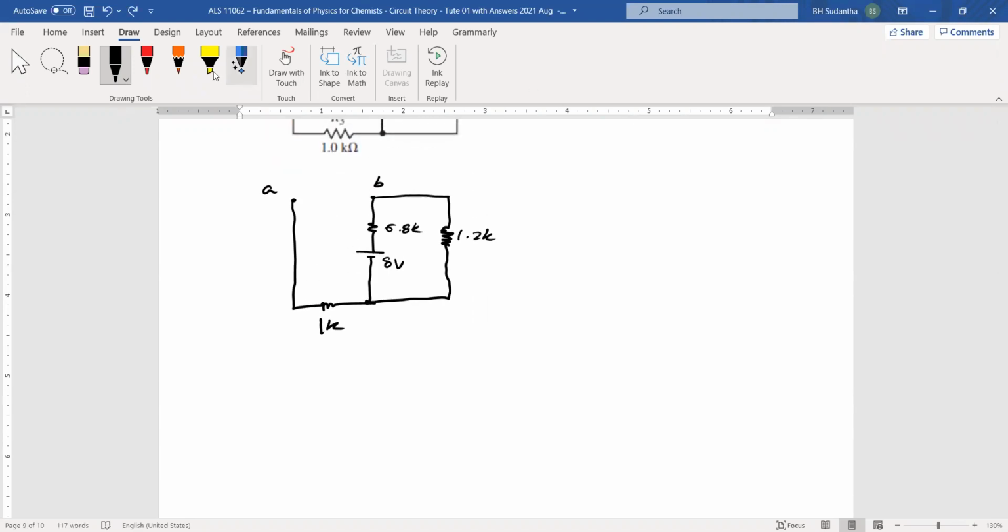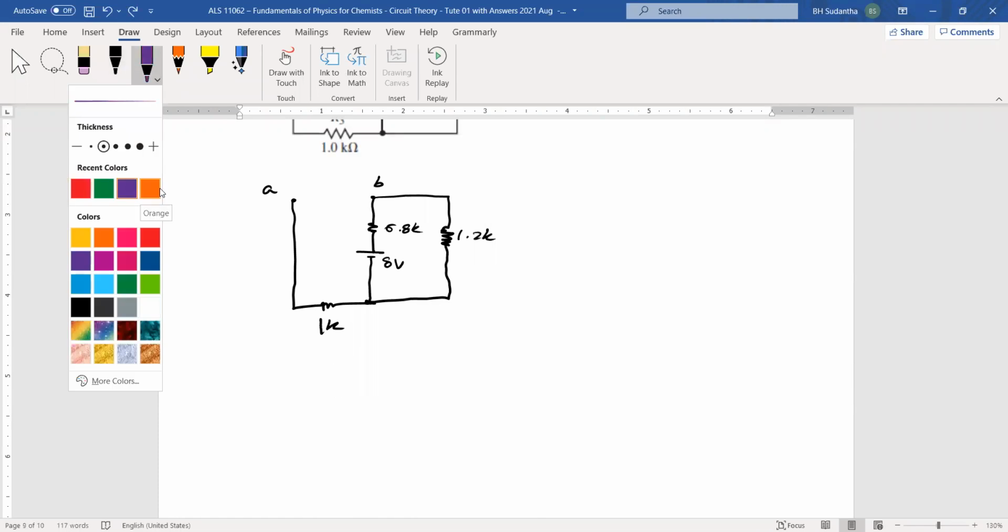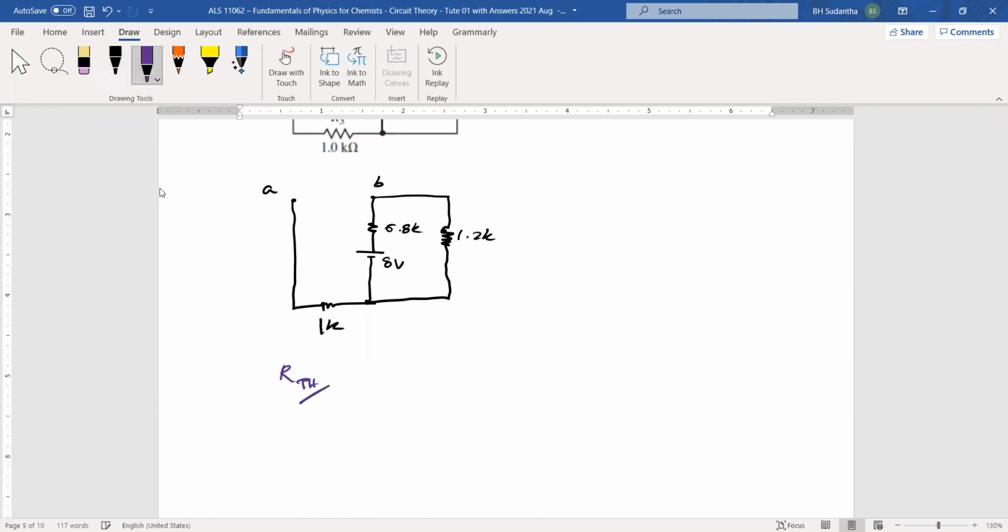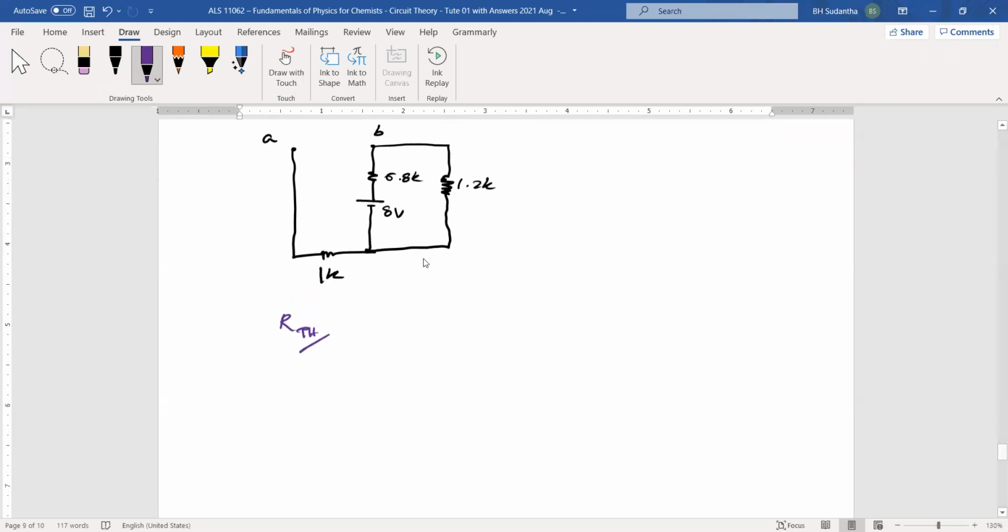And then we have to find RTH. To find it, we draw the diagram removing the voltage source.